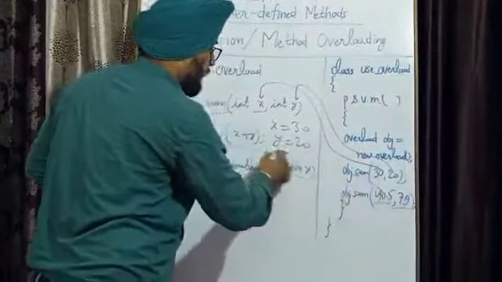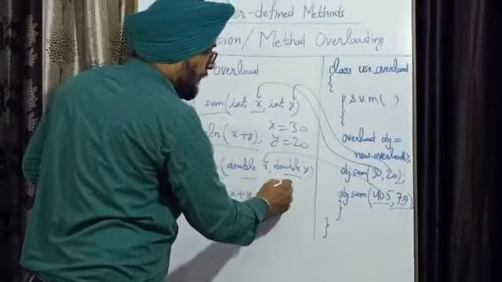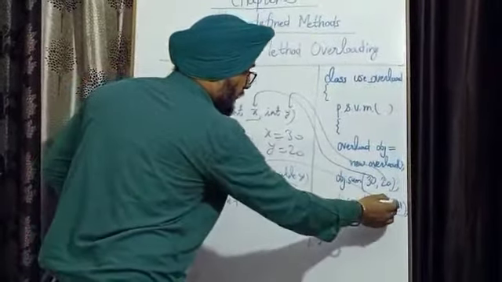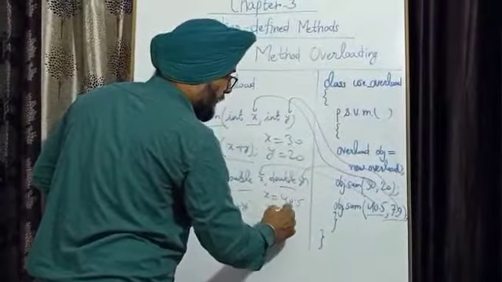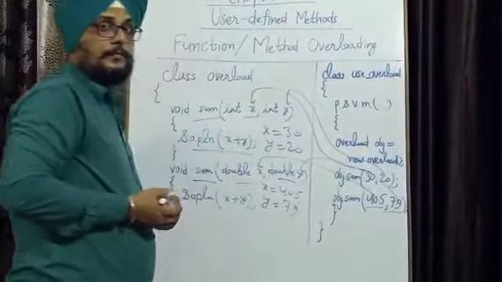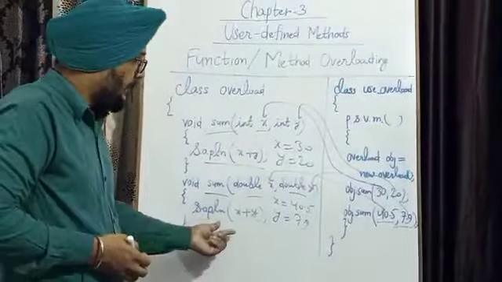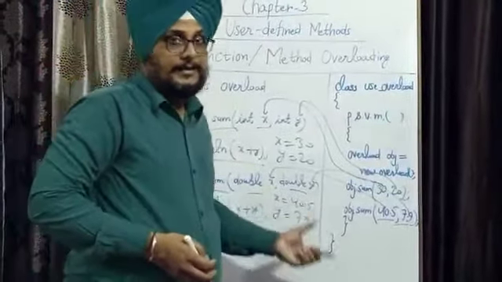So here the value of x becomes 40.5 and the value of y becomes 7.9, and after adding these two values, the answer will be printed.